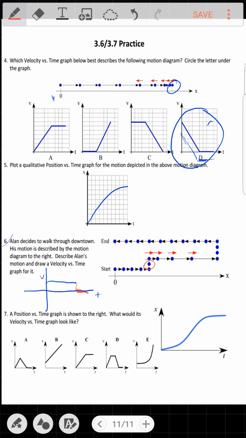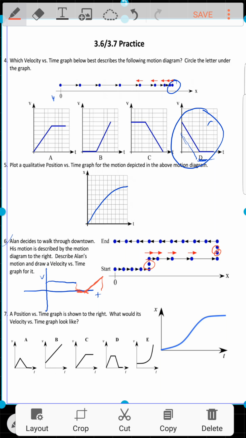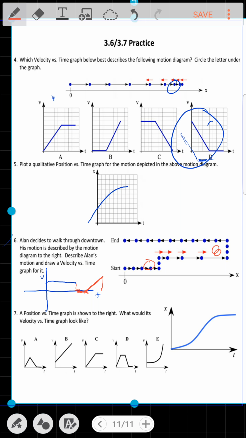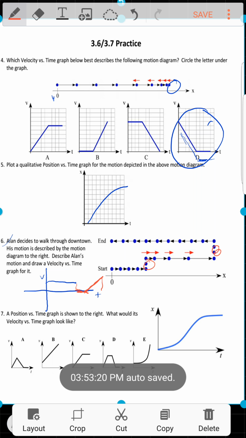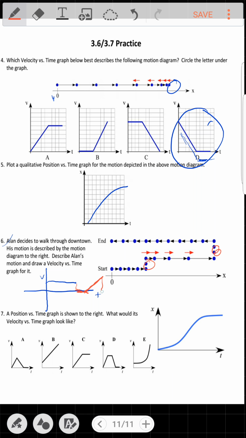My velocity is increasing. So that means I have an increasing velocity. So I have a straight line here because my velocity is increased. And then down over here, I stop again. So I stopped for 2 seconds now. So I have a longer pause, so I draw longer.